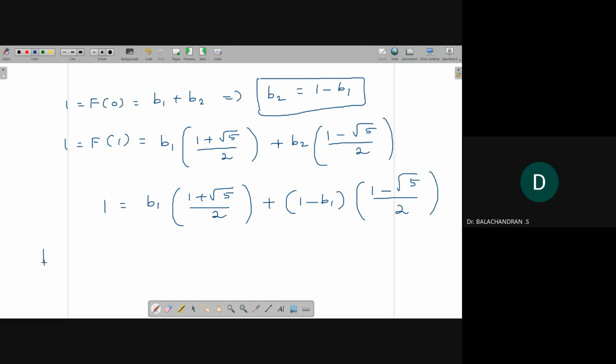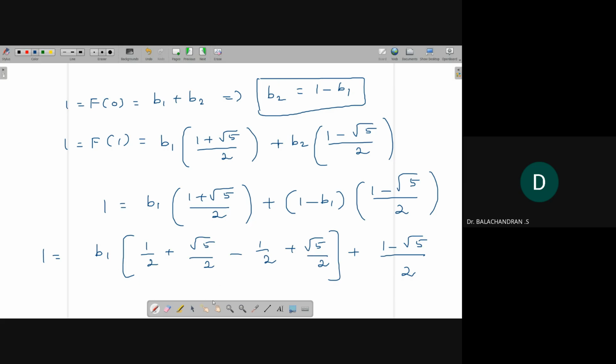Now 1 is equal to, take b1 commonly. If I take b1, what you will get? 1 by 2 plus root 5 by 2 and then minus 1 by 2 plus root 5 by 2, and then 1 into this quantity, so plus 1 minus root 5 by 2. Now 1 by 2 minus 1 by 2 gets cancelled.